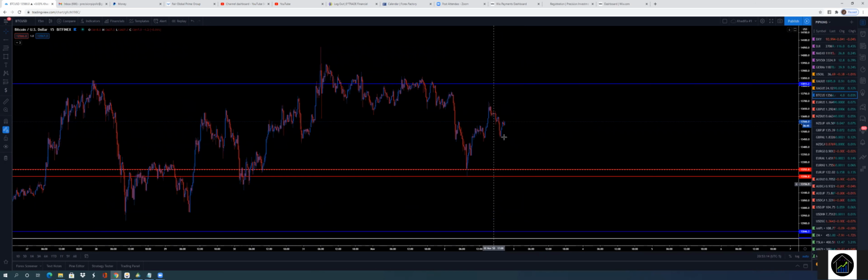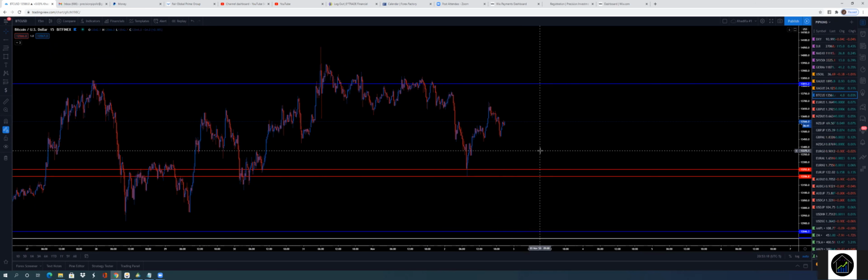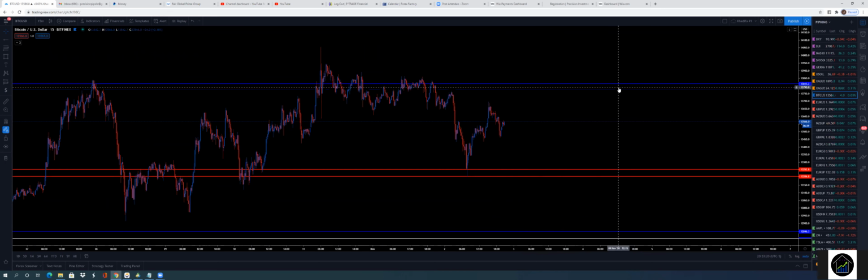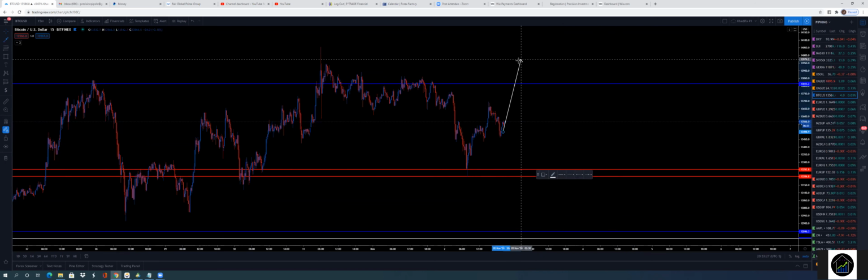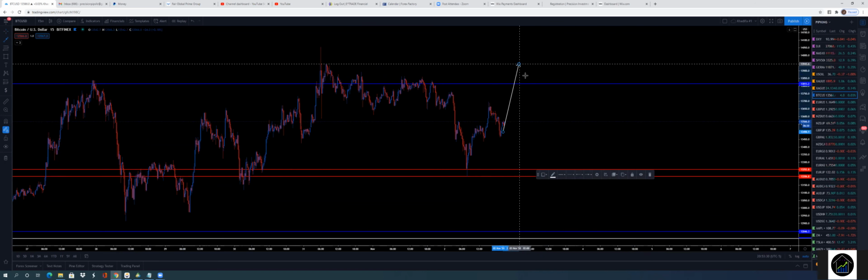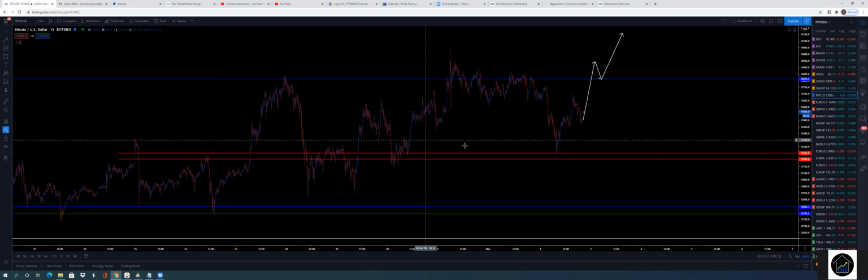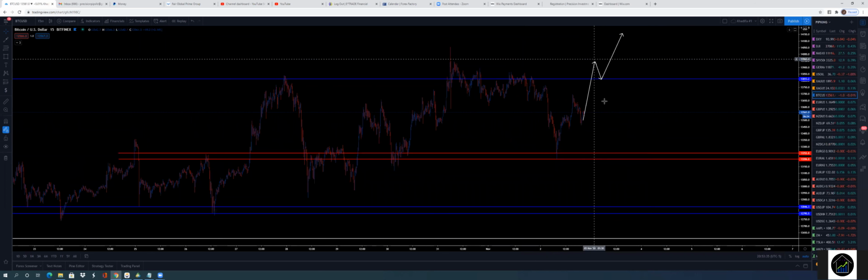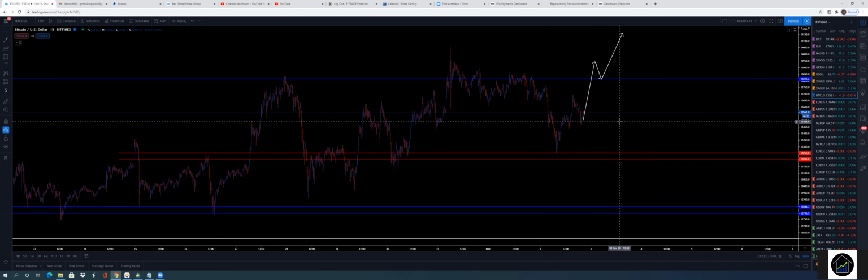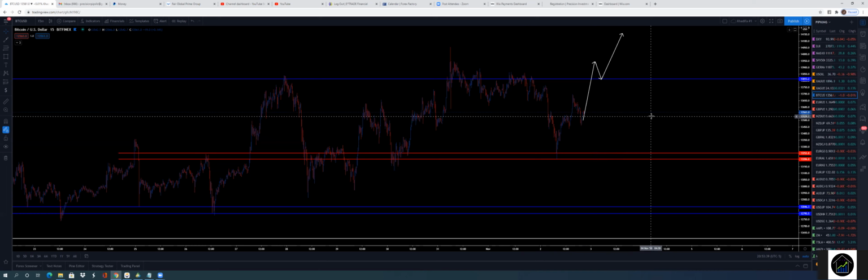So with that being said, I'm looking for Bitcoin to come and break 13,813 here. And I want to see it give us a nice retest in respect and keep on trucking. Have to be patient for Bitcoin to get back above 13,813.